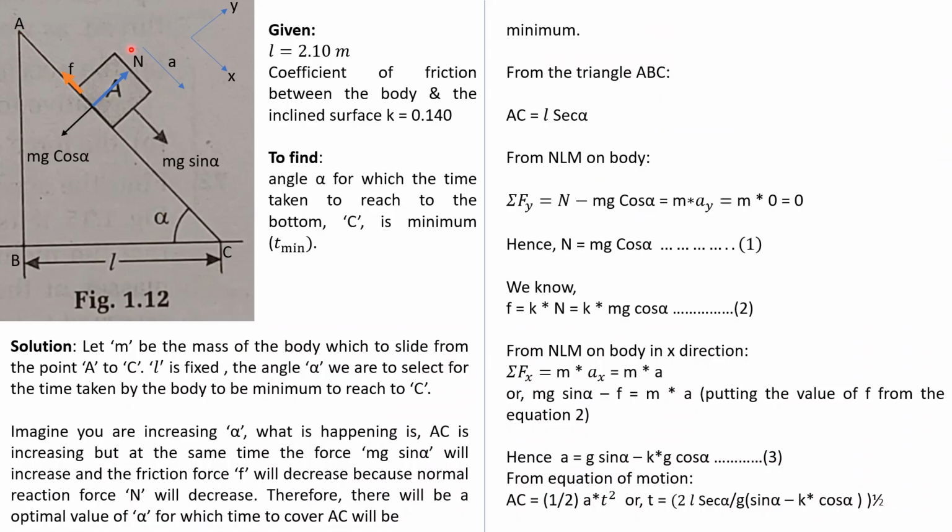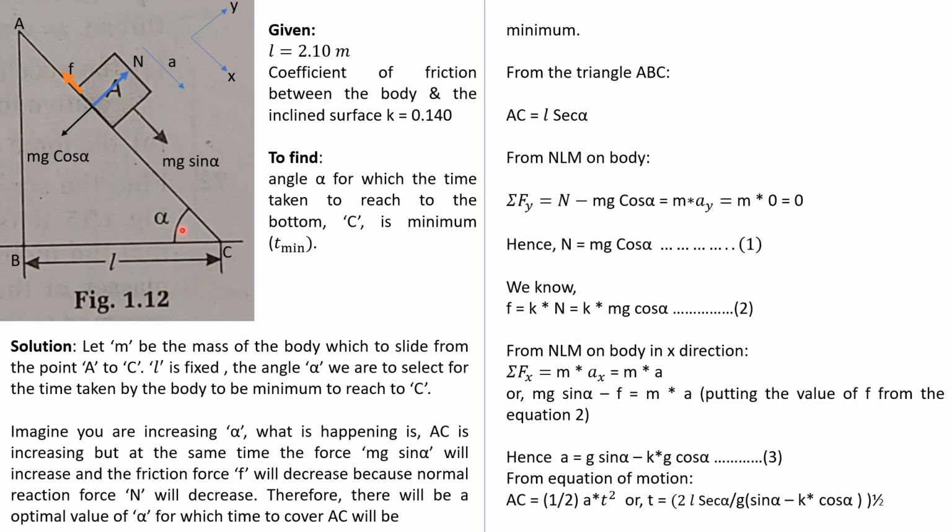This diagram we have made with all the forces acting on the body for our computation purpose. L is equal to 2.1 meters, given. The coefficient of friction between the body and the surface of the inclined plane is given, k = 0.140.